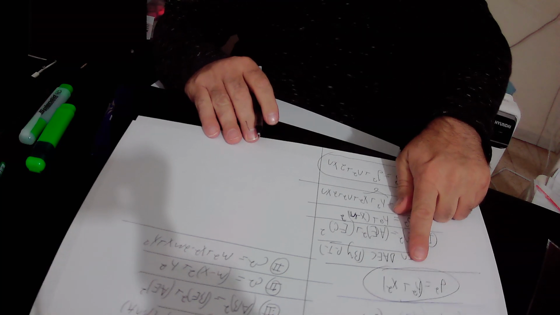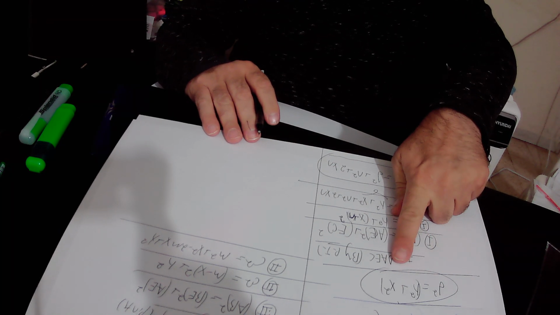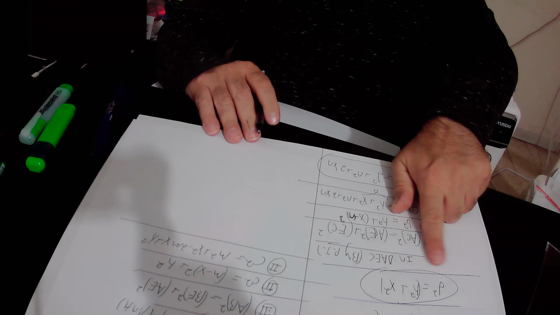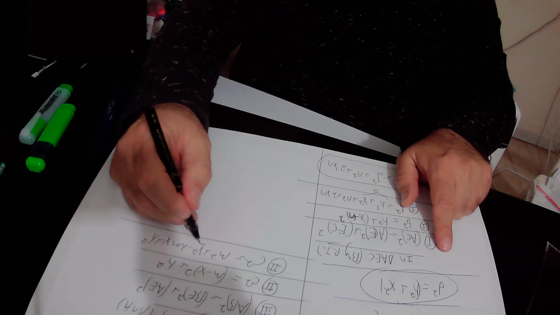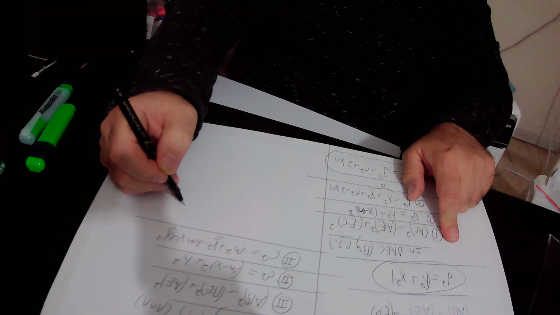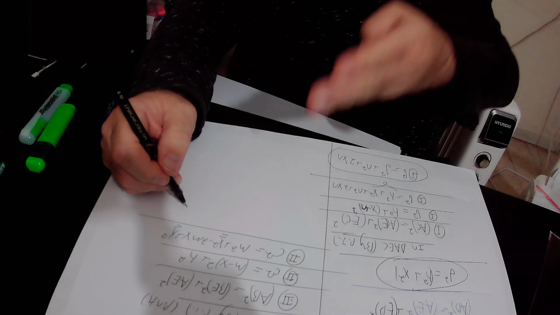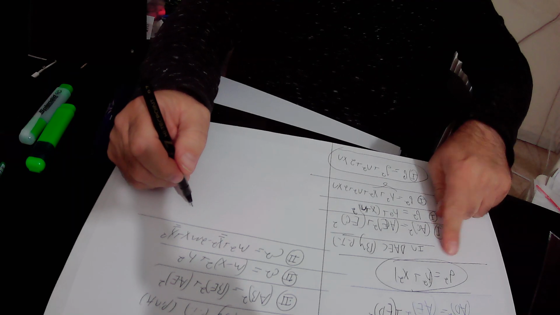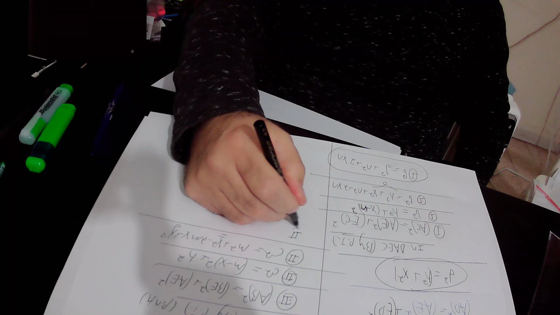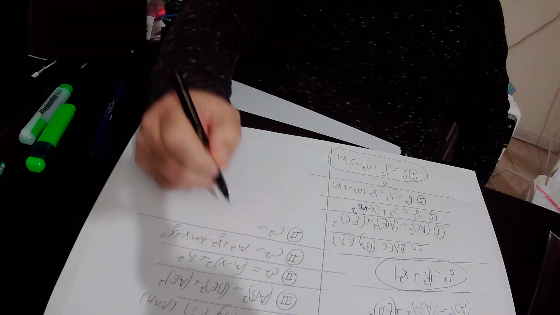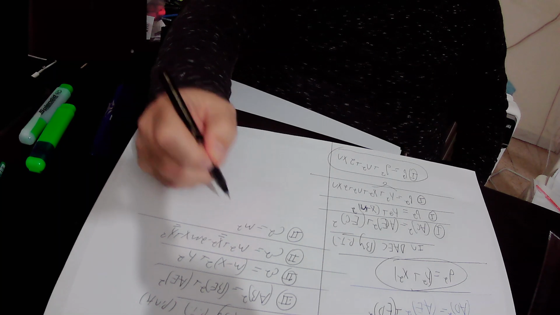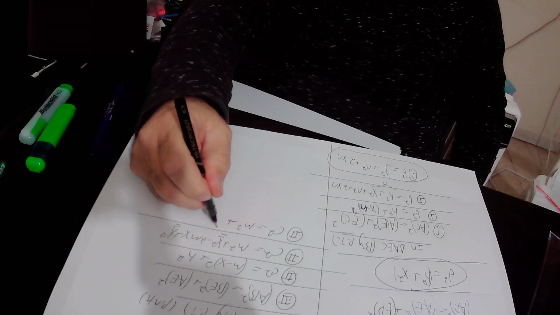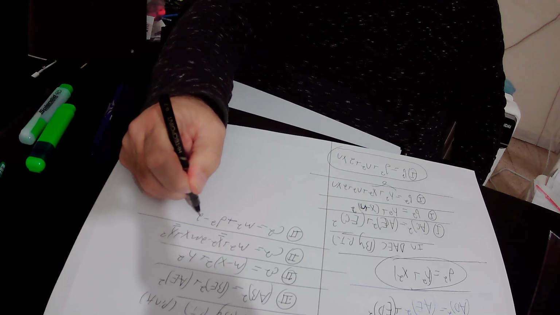We have already found out that x squared plus h squared, or h squared plus x squared, doesn't matter, equals d squared. So in equation number 2, we substitute x squared plus h squared by d squared. According to this equation, we get that c squared equals m squared plus d squared minus 2mx.